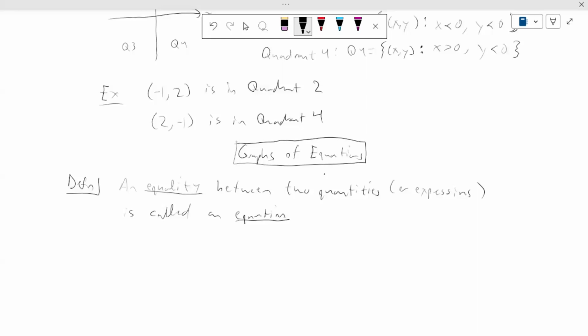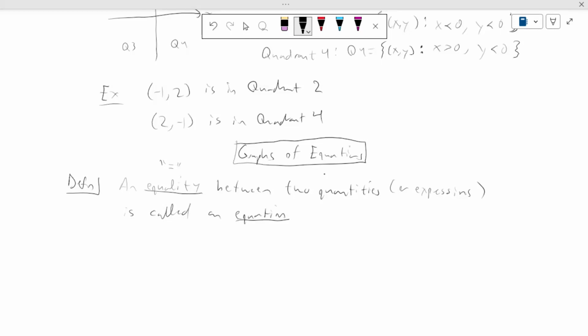What is an equality? It's where you're saying that something is equal to something else. It uses the equal sign, so you have something on the left-hand side and something on the right-hand side, and we're saying they're equal to each other. Therefore, we call this an equation. What is a quantity? It could be a number. It could be a function of x.